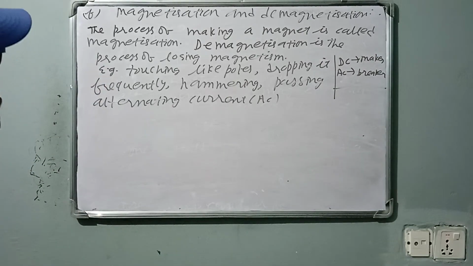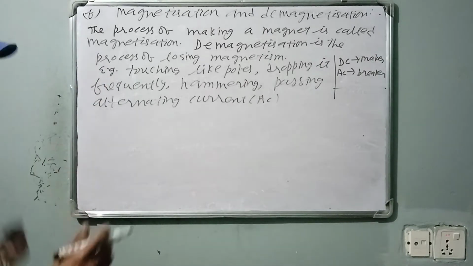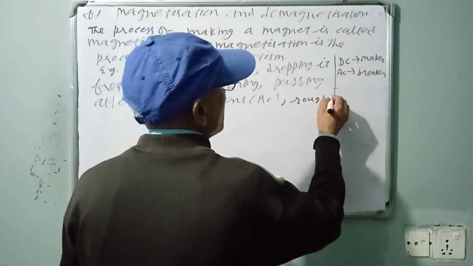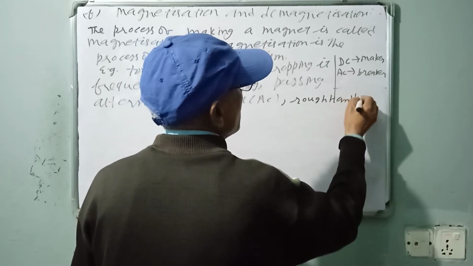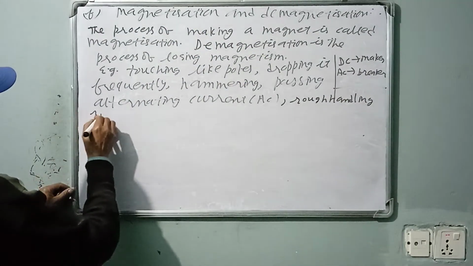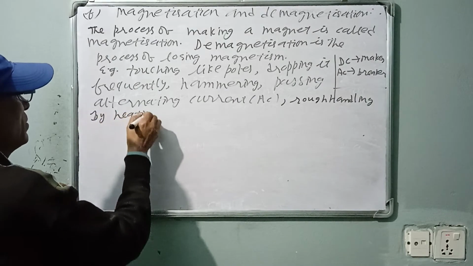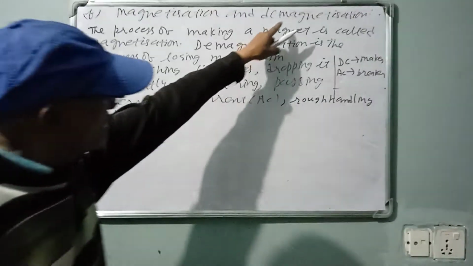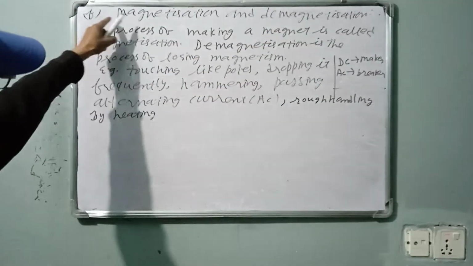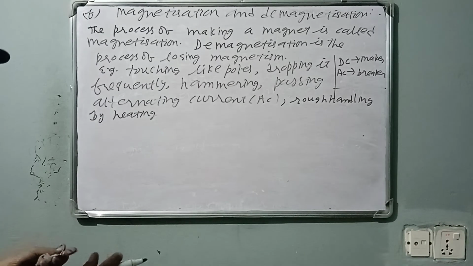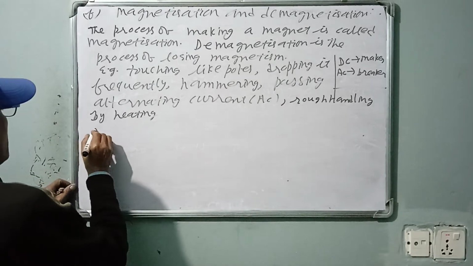By passing alternating current, other rough handling, by burning, by heating, etc. These activities demagnetize, and magnetization by passing current, direct current, or by stroking method.